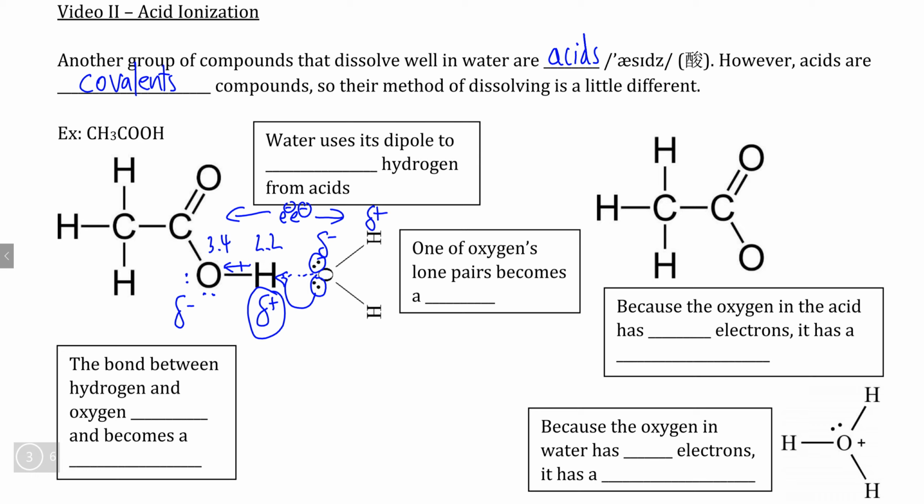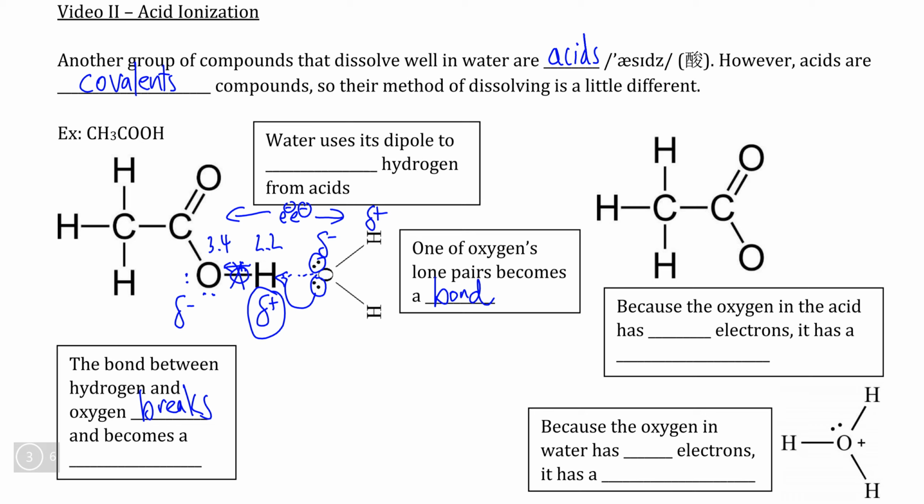Now, this lone pair is going to move away from the oxygen where it exists as a lone pair and actually turn into a bond with the hydrogen here. Well, how is that possible? Because hydrogen can only make one bond. If we're going to be making a new bond with this hydrogen here, the old bond between the hydrogen and oxygen on the acid needs to break. Now, we can't just create or destroy electrons, so we can't make these electrons disappear, but if we break this bond, this oxygen will be missing electrons.